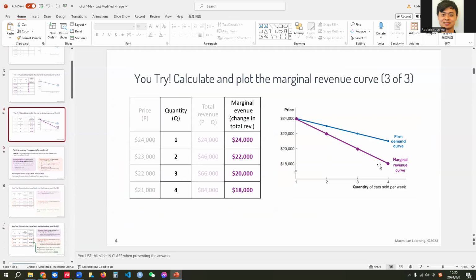And then we plot each level of price per each quantity and marginal revenue per each quantity, and we connect those. The price-quantity relationship is either supply or demand, and here it is a negative relationship, so that's demand. And the second one, the marginal revenue line, is below the demand curve. This is a general conclusion.